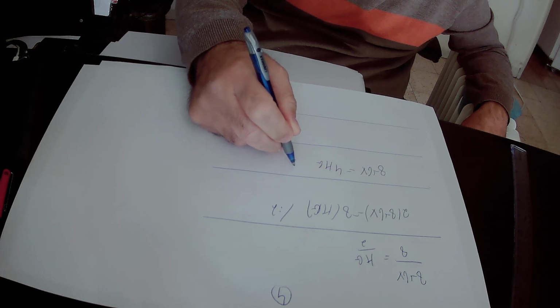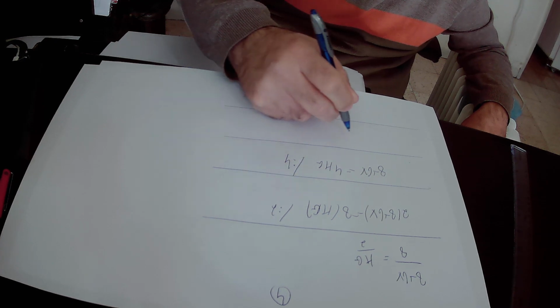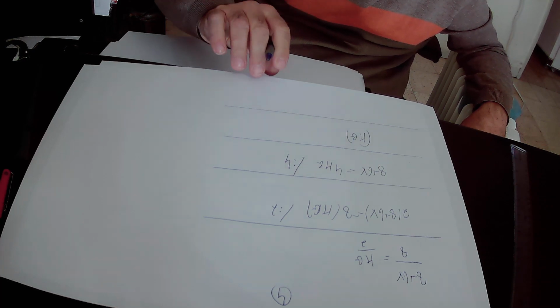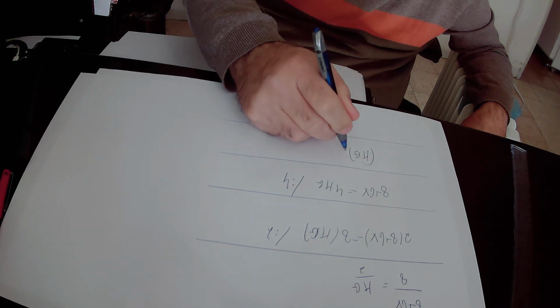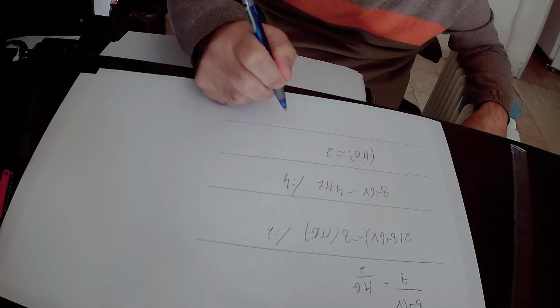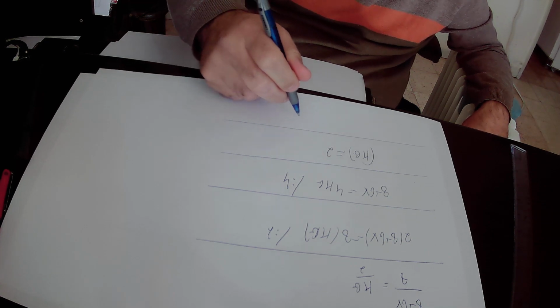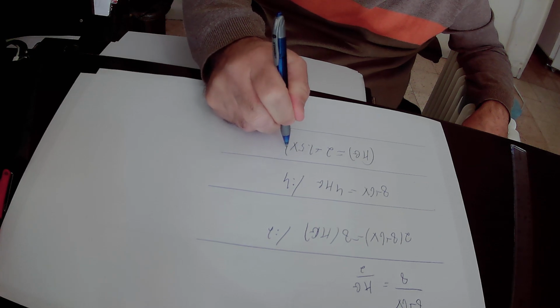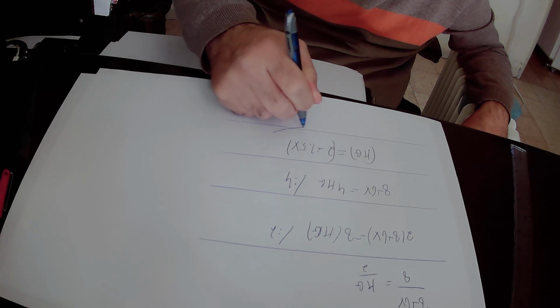So here we divide this equation by 4 and finally we get that KG equals 8 over 4 is 2 and 6x over 4 is 1.5x. So in total we found out that KG equals 2 plus 1.5x.